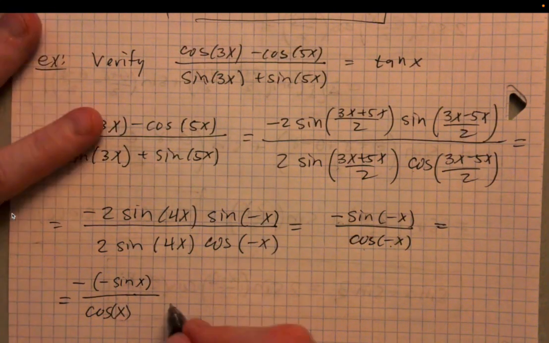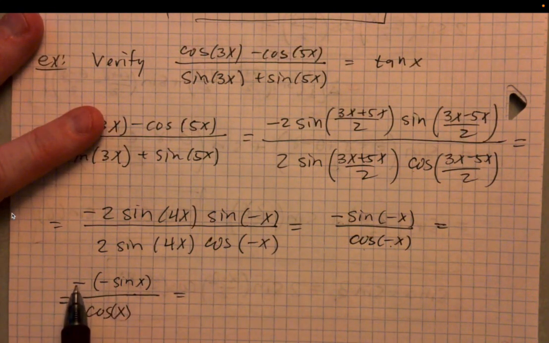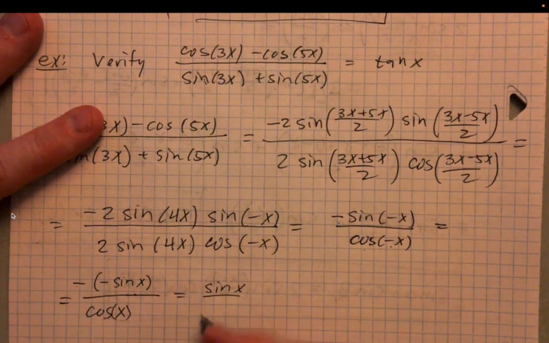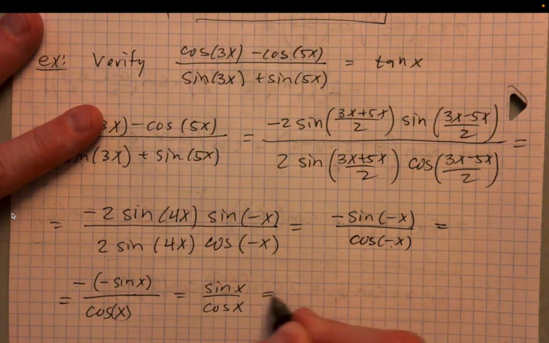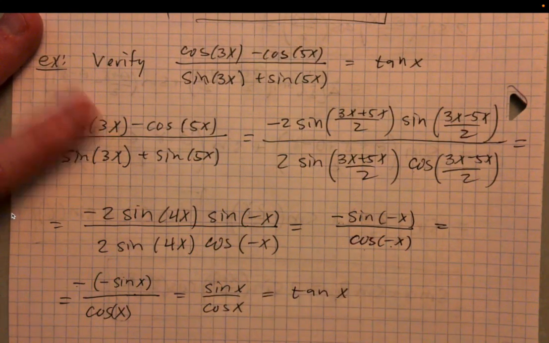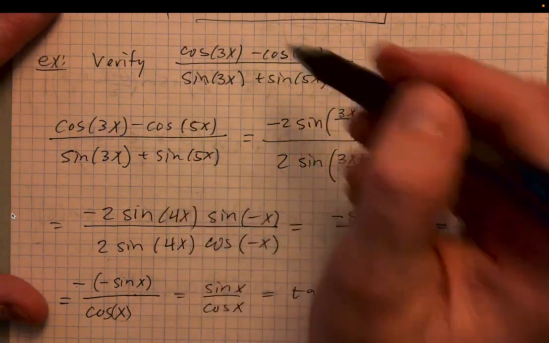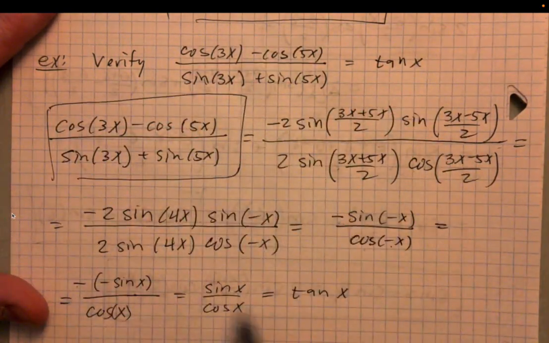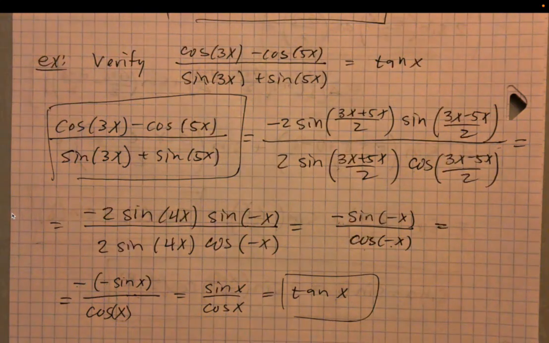Right? And so this is all going to work out perfectly because I've got minus and negative, and so that means I just have sine of x on top, and then on the bottom I just have the cos x, and that's equal to the tangent. Right? So we went from this equals to this. And so that's the verification. So we verified this identity.